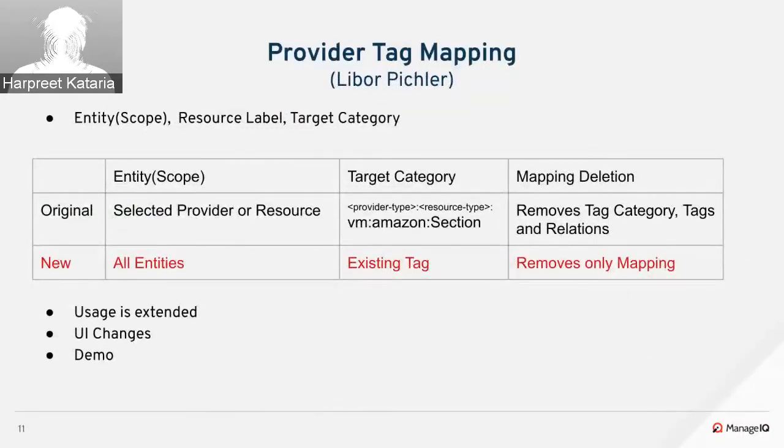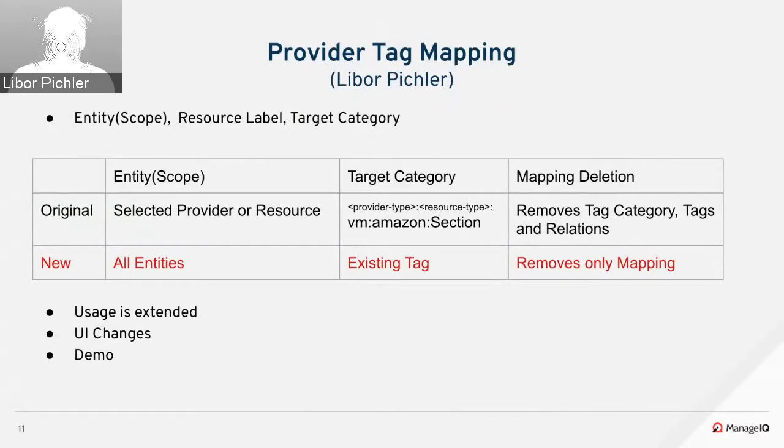Thank you. As Harpreet mentioned, we enhanced the provider tag mapping. Provider tag mapping is a rule specifying transfer of provider labels to ManageIQ tags with relations to resource like instance of virtual machine. Mapping is defined by a scope or entity, resource label, and target category.